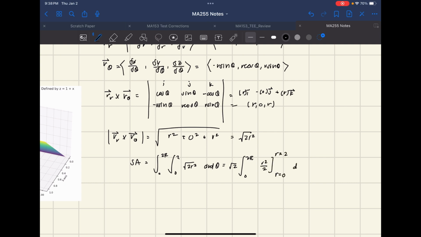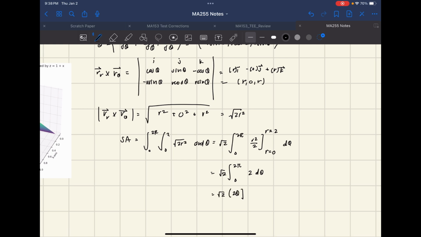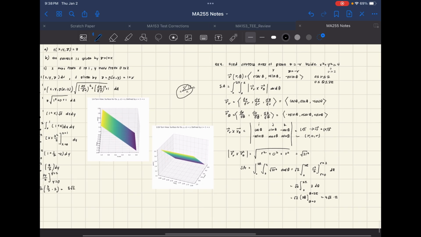R equals 0. Okay, so that's what you get for that.